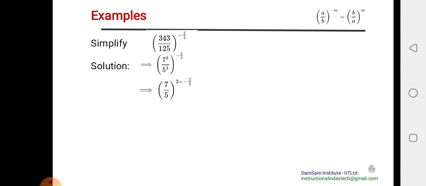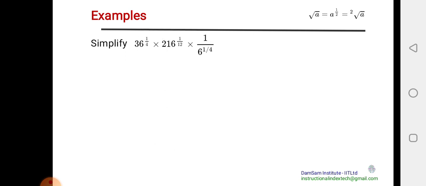So 3 will cancel out 3, and what we'll be having left is 7 over 5 all raised to power negative 2. And with that, coming to apply the law now, we're going to have 5 over 7 raised to power 2. So it will no more be negative 2. It will now be positive 2. Then we can re-express and simplify it. 5 raised to power 2 over 7 raised to power 2, which is 25 over 49.